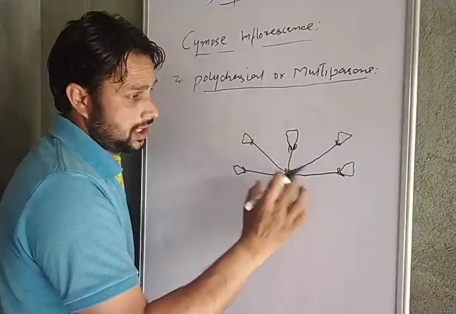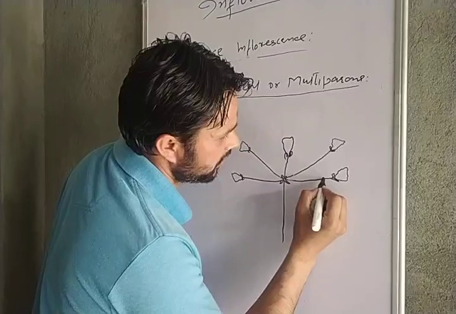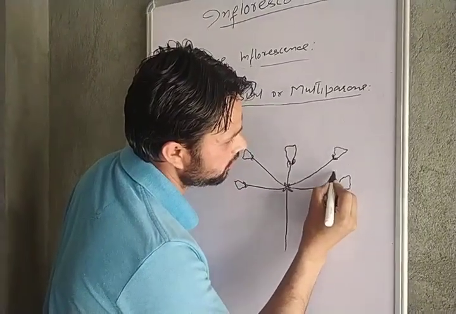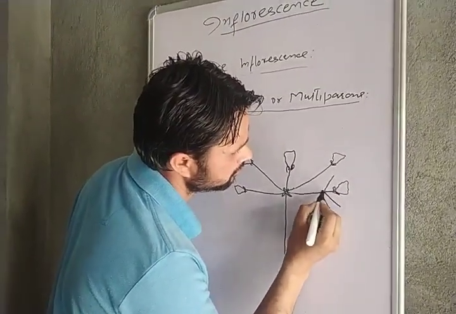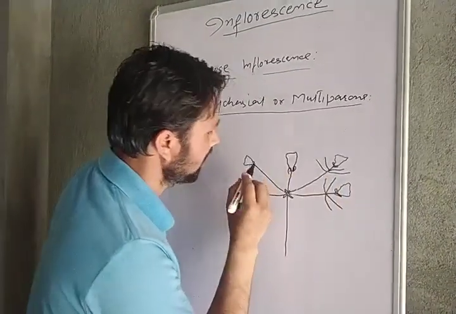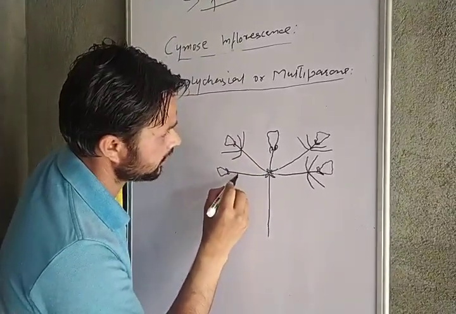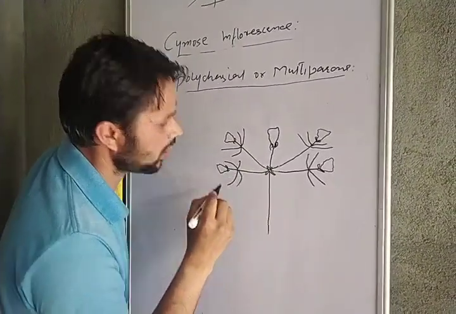Now, here more than two, and this process continues. It again gives rise to 4. This again gives rise to 4. Here it gives rise to 4 or more.